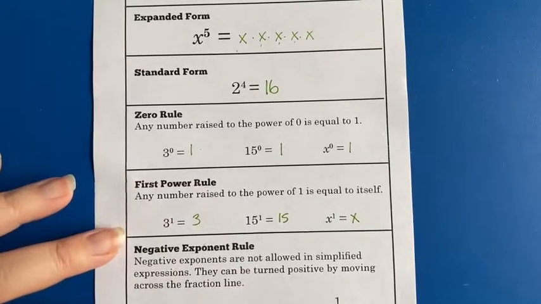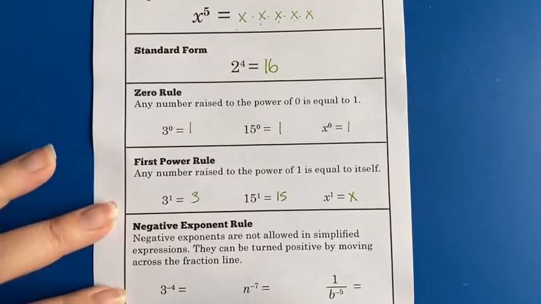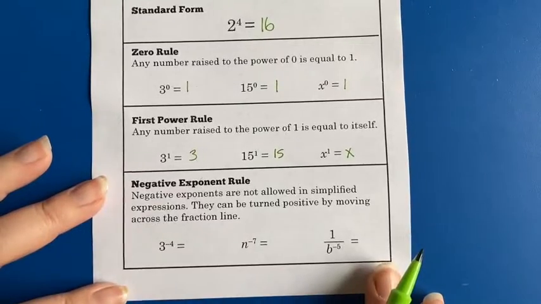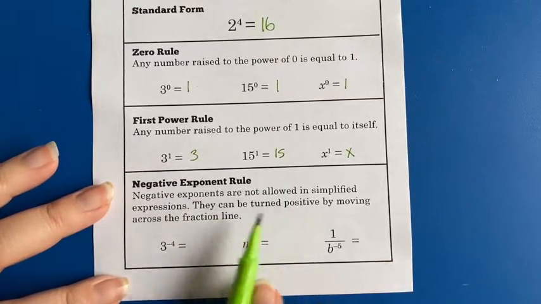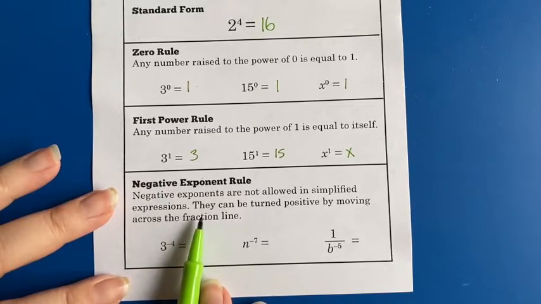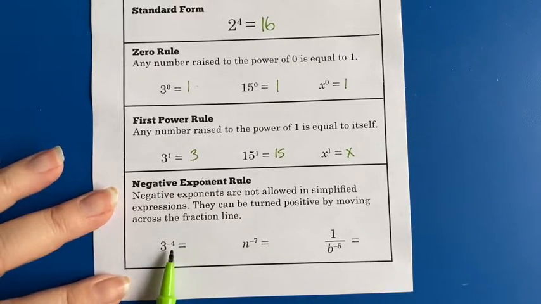Now the negative exponent rule, we're going to briefly touch on this, and we're going to really get into it more in another video. But negative exponents are not really allowed in simplified expressions. Okay, so 3 to the power of negative 4. We're not supposed to leave our simplified expressions like this.